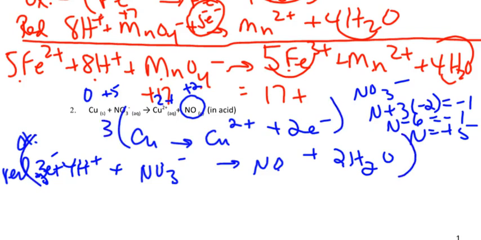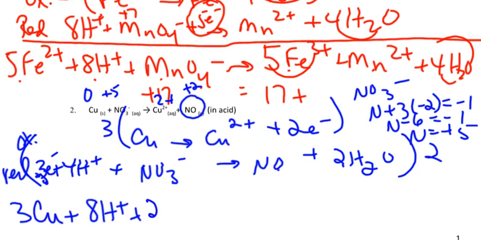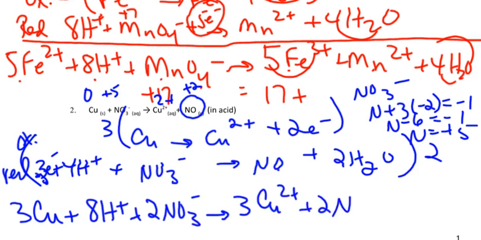So I'm going to multiply one side by 3, one side by 2, so my electrons cancel out. So now I'm going to carry my 3 through, so 3 coppers, plus I'm going to carry my 2 through. Well, I'm going to leave out my electrons because they're going to cancel out, so 8 H plus plus 2 NO3 minus yields 3 Cu2 plus, 2 NO plus 4 H2O.